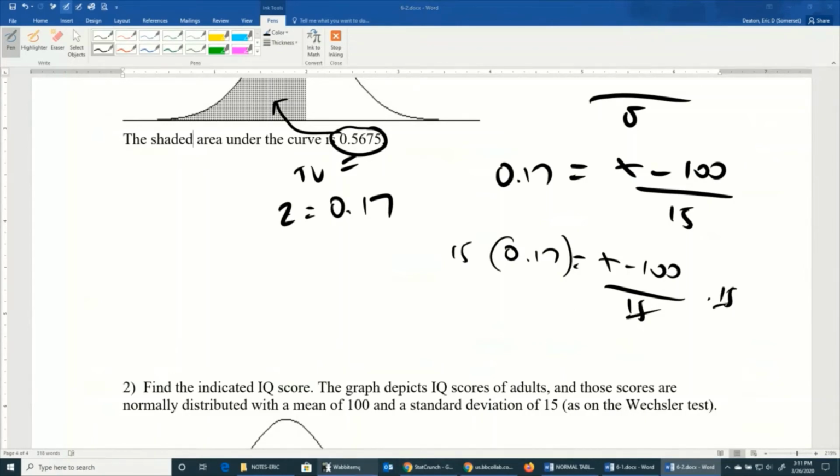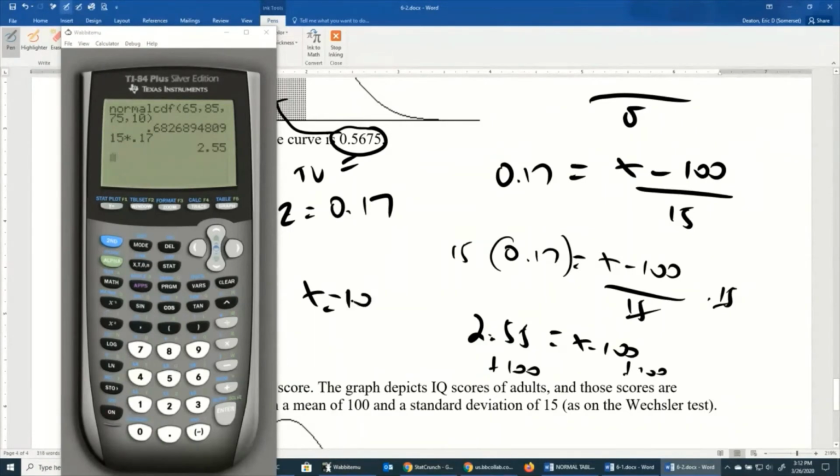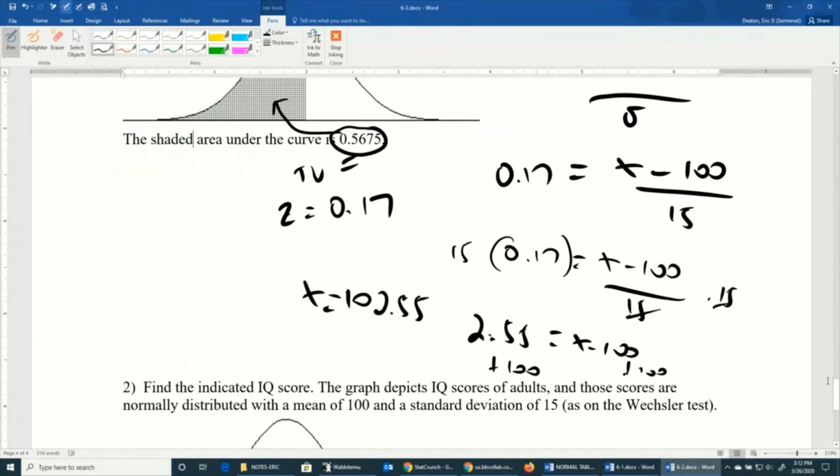That's going to just do 15 times 0.17, which is 2.55, equals x minus 100. Then you add 100. I'm leaving no steps out. When you add that to 100, you get x is equal to 102.55. That's the IQ score.